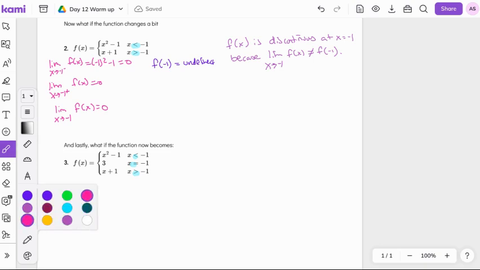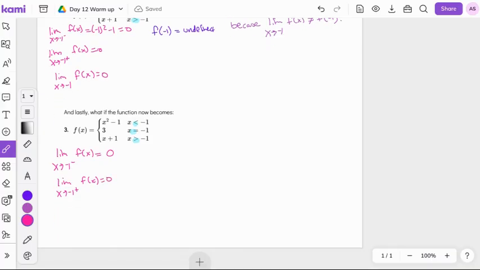So I could write out all of these limits again. The limit as x approaches -1 from the left of f of x would be equal to 0. The limit as x approaches -1 from the right of f of x is going to be equal to 0. So therefore we know that the plain limit as x approaches -1 of f of x is equal to 0.